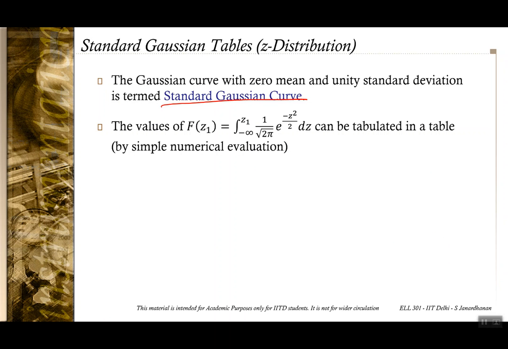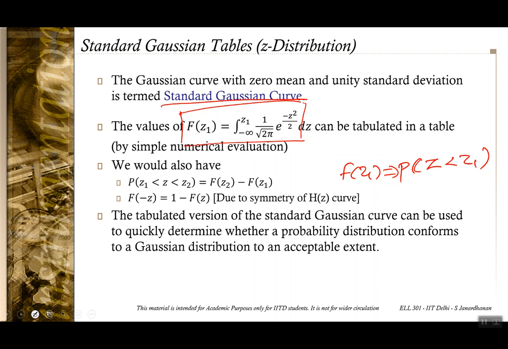Okay, and from this you can tabulate this integral, which basically means that f of z1 is the same as the probability of z being less than z1. So that can be tabulated in a table.